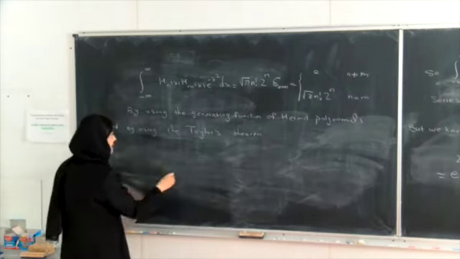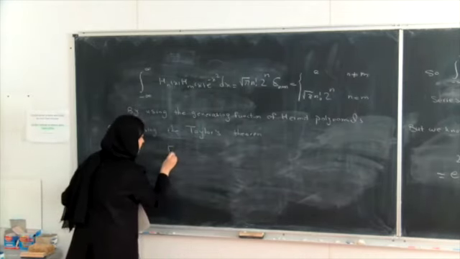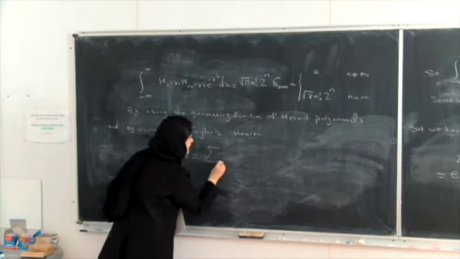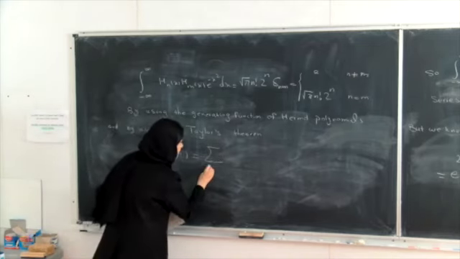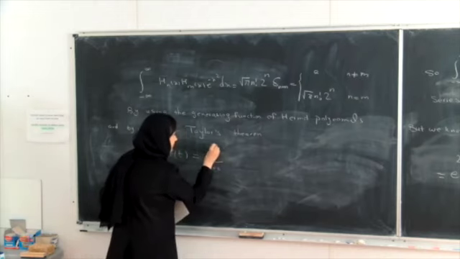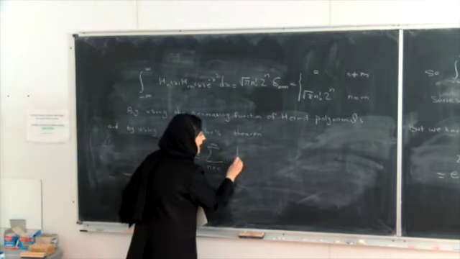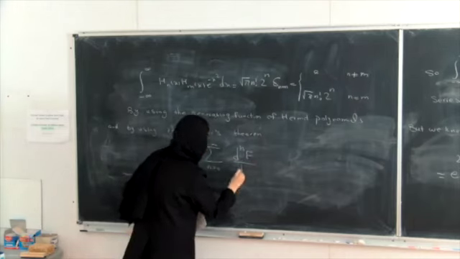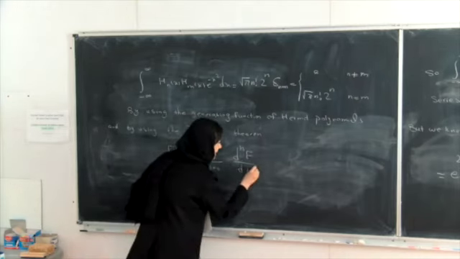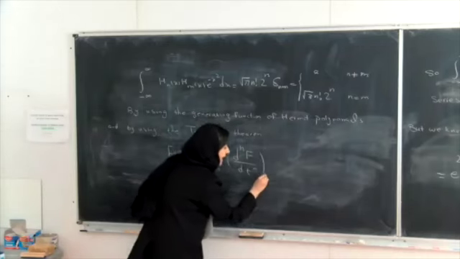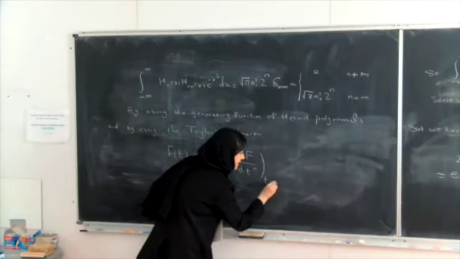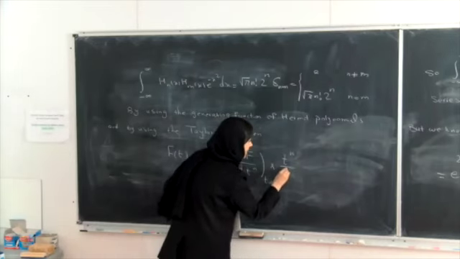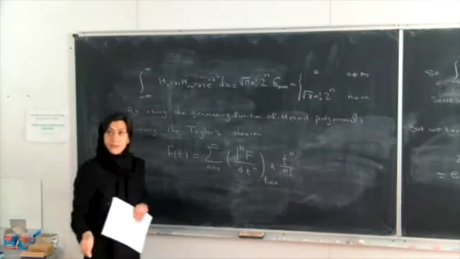Taylor's theorem is that f of t has this series expansion: the sum over n from 0 to infinity of the nth derivative of f with respect to t at t equals 0, times t^n divided by n factorial.